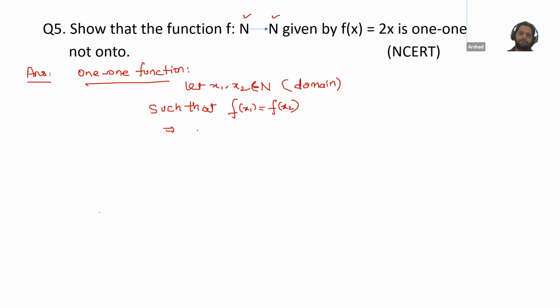This implies f(x1) means 2x1 is equal to 2x2. 2 will get cancelled out. Finally, you will get x1 is equal to x2. You know what statement you need to write. This you can do on your own. So this is one-one.